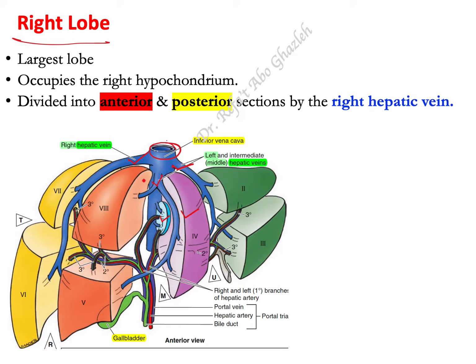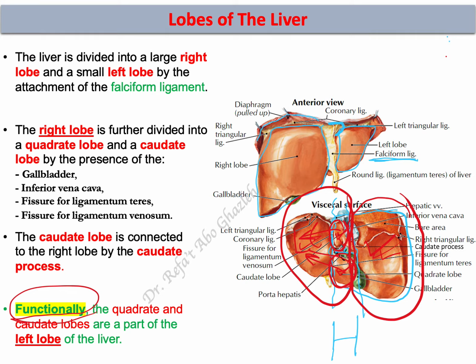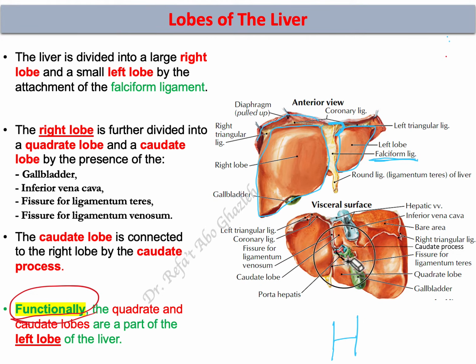So this is the right lobe, and look here, this is the right fissure that passes from the groove of the inferior vena cava and the fossa for the gallbladder. Let me show you back here so you will get a better idea.